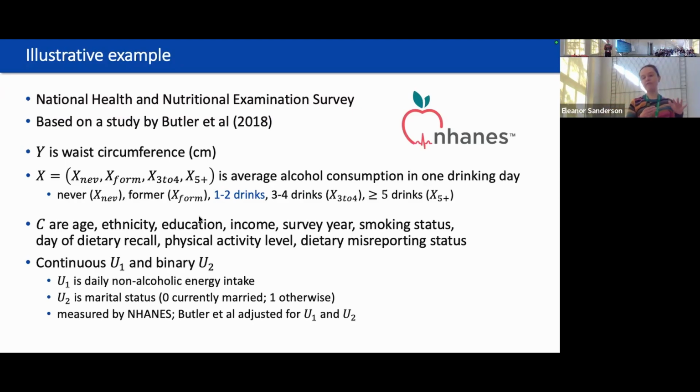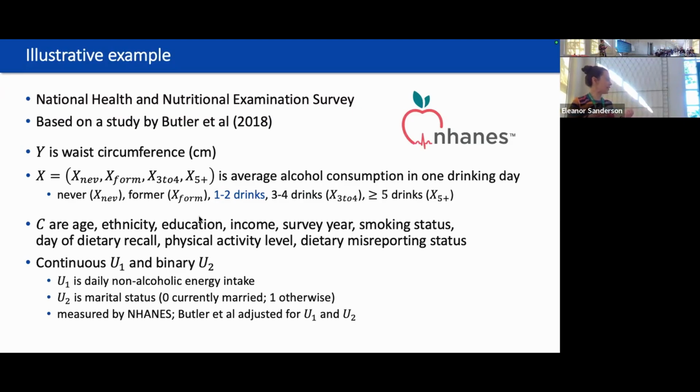It represents average alcohol consumption in one drinking day. So one drinking day is a day when you decide to consume alcohol. It's not per day. And the reference category is 1 to 2 drinks. And the other categories then are you never drink alcohol, you used to drink alcohol, you take 3 to 4 drinks in one drinking day, or you drink 5 or more drinks in a drinking day.